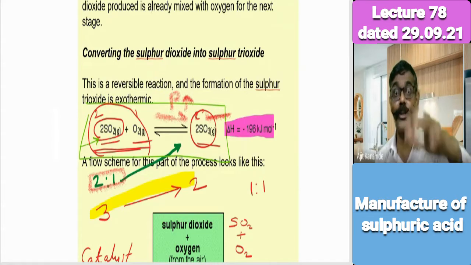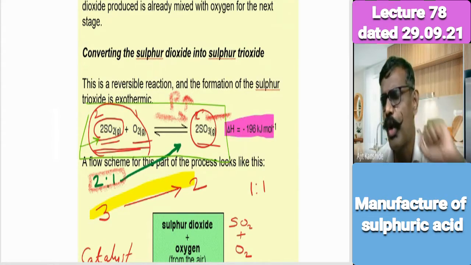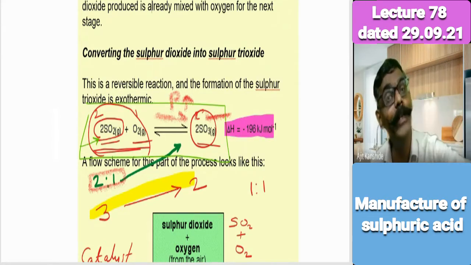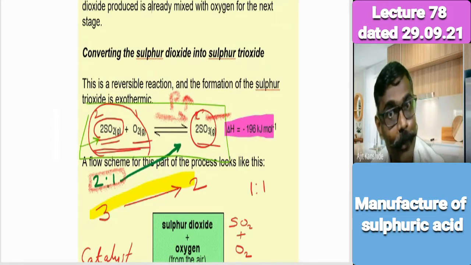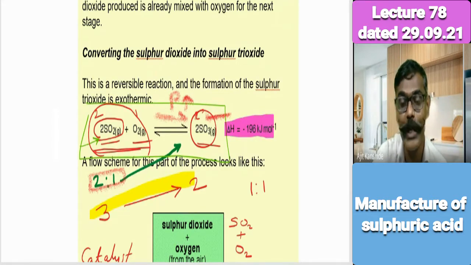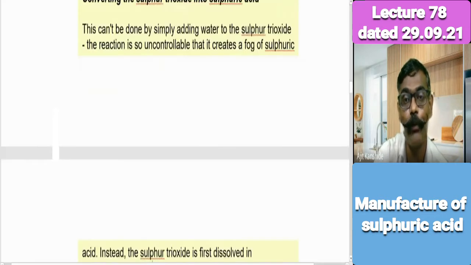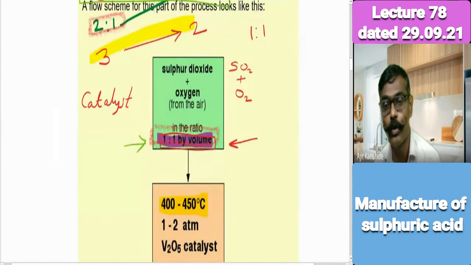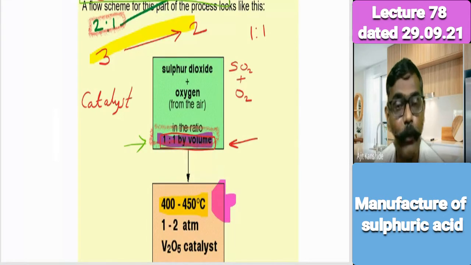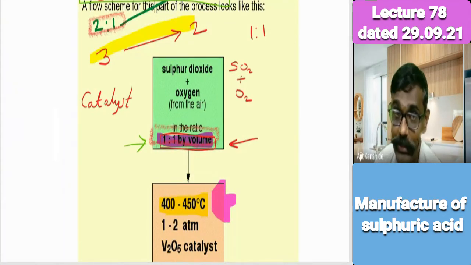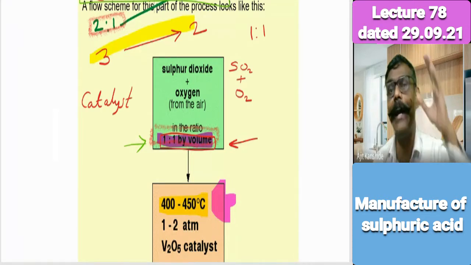During the course of the reaction, heat is evolving. So what is our expectation? Cooling should be there, as it was in the manufacture of ammonia. But here, what is the situation? We are performing this reaction at what temperature? 400 to 500 degrees Celsius. At that temperature we are performing the reaction. At first instance, we feel it is a high temperature.